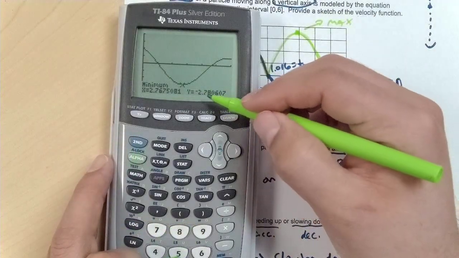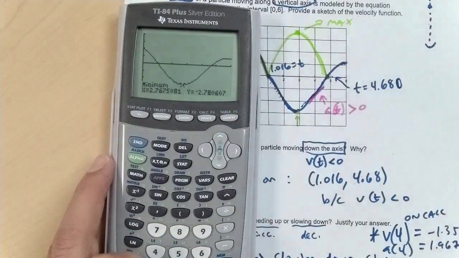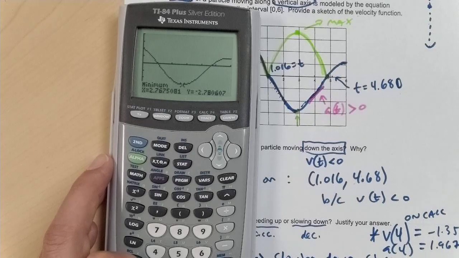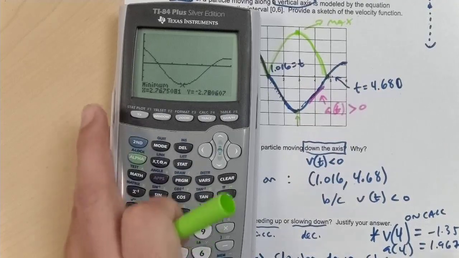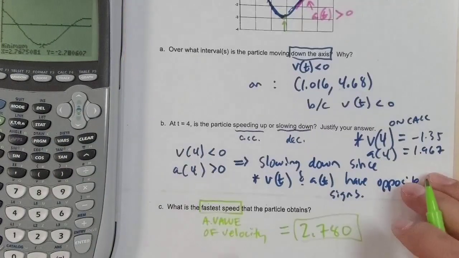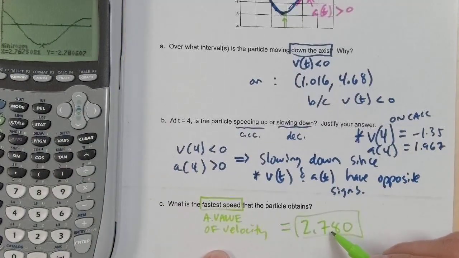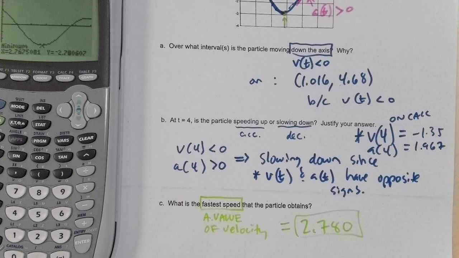Right here, the minimum is negative 2.780. So that means positive 2.780 will be the fastest speed because that's the farthest we get from the x-axis. All right, hopefully that takes care of that. And this is the end of stuff that is on your final exam.